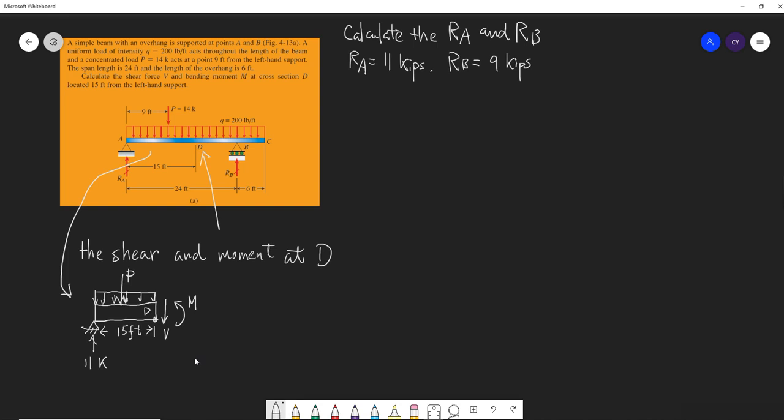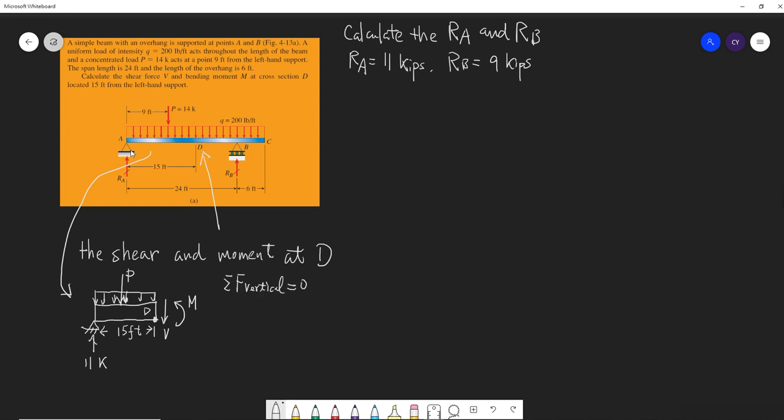According to this, at the point D, the summation of the vertical force should be equal to 0.